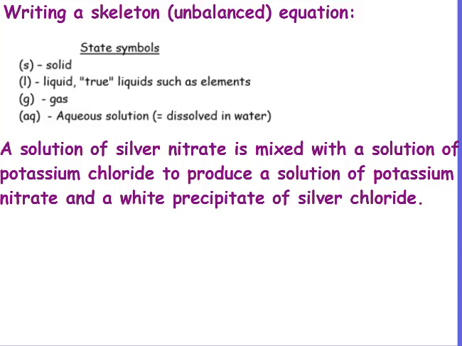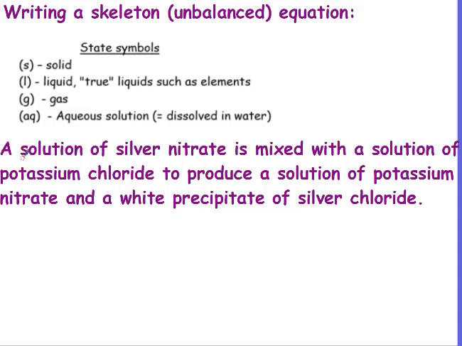So it may say a precipitate, it may say a solid, it may say metal, it may say foil. Anything that's telling us it's a solid, we're going to put S. L is for liquid. That's going to be a true liquid, such as elements. So it's going to tell you that it's a liquid, or melted, or molten. G is for gas. And then a lot of times we're going to be having aqueous solutions. A solution is when it's dissolved in water.